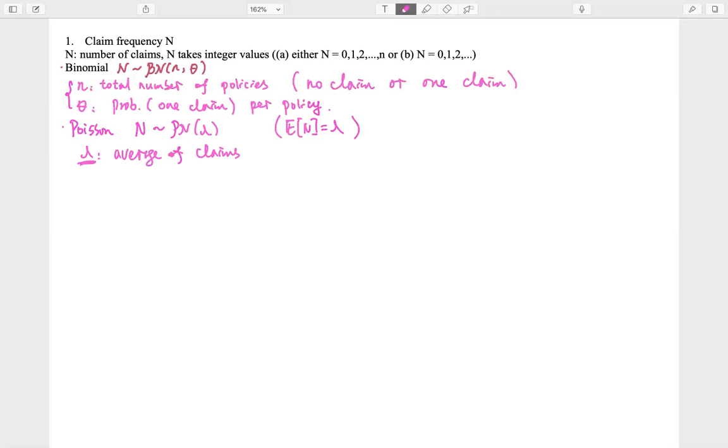It is also the variance, but we try to use a lower moment for estimation. A Poisson distribution is a one parameter family. The only parameter we need is the expected value. One way to estimate this lambda is to use the historical claims, and the average would be a nice estimator for lambda. And then I build this model for the future.